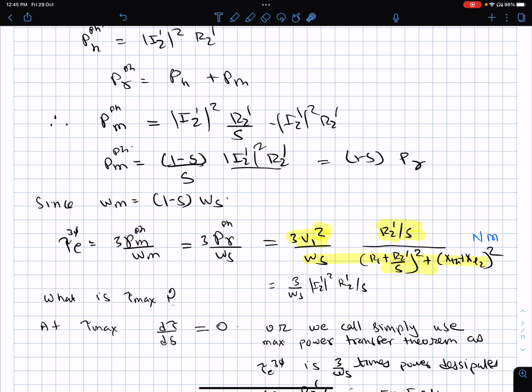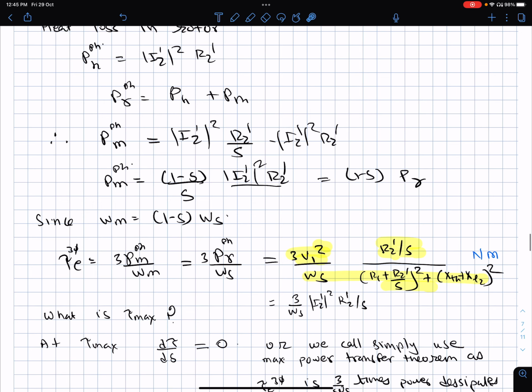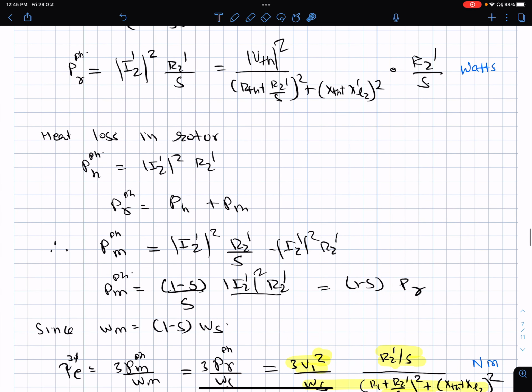And now just substitute for the power which is transferred to the rotor, which is I2' square R2' by s.